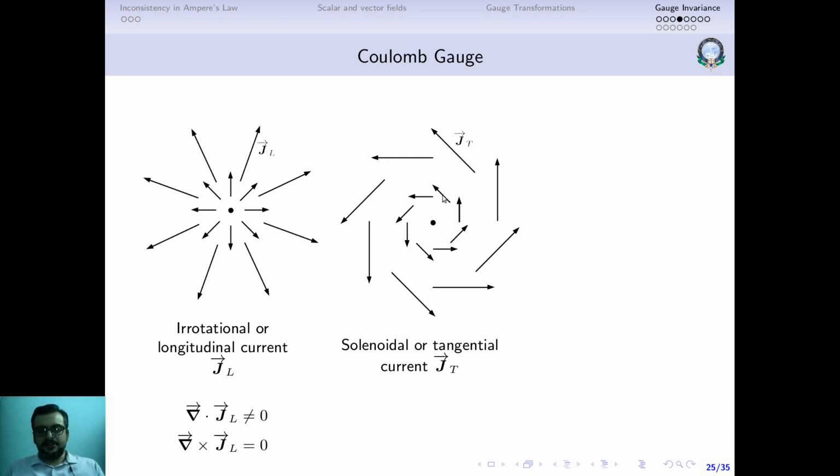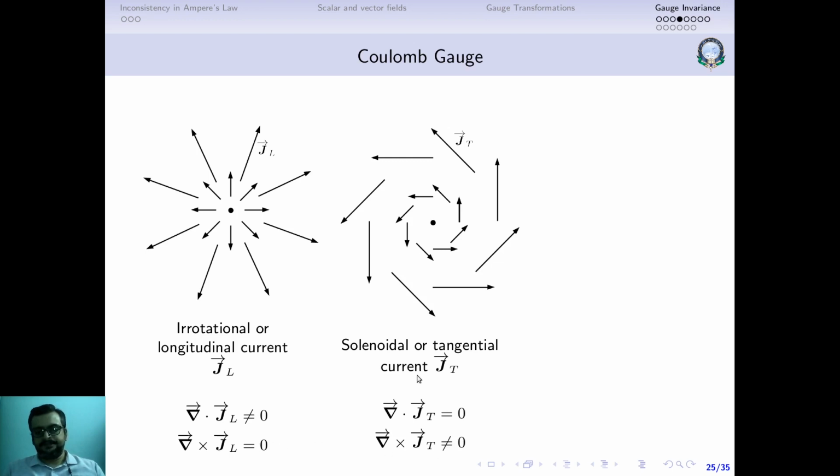Because it is tangential to the radial vector, whereas the other one is along the radial vector, which is why that one is longitudinal, it is also known as a tangential current, JT. Because this vector field curls around the point, the curl of JT will be non-zero, but it does not diverge out, so the divergence of JT will be 0, unlike the other case.